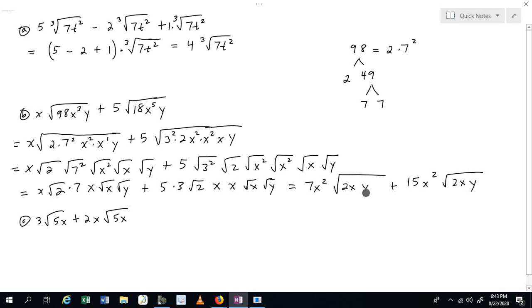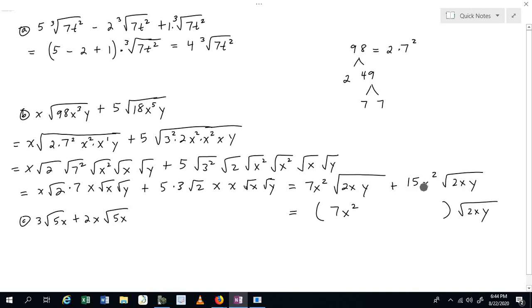Okay, so look, by simplifying these radicals down to their simplest form, you can see that they really are the same radical. And so I can actually factor that radical out. If I factor it out of here, I'm left with 7x squared.